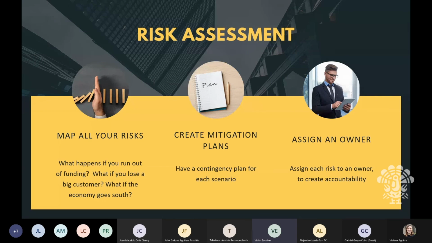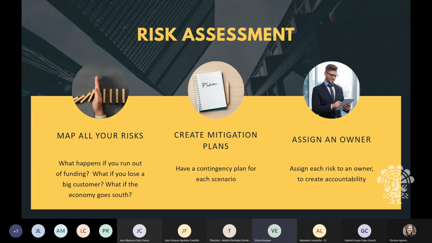Try to assign and get different solutions from different people, and that will help you a lot to mitigate those risks and to have an idea of how to tackle them in case they appear. So that is the end of the presentation.